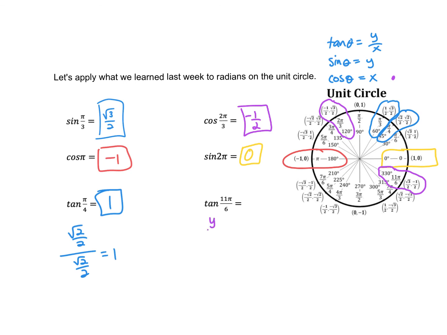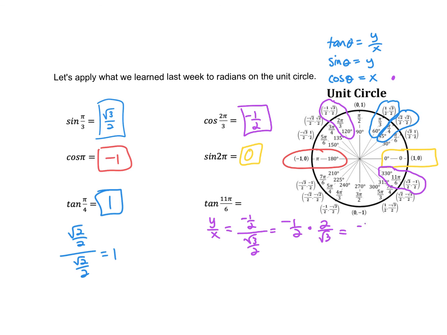Tangent is y over x, which in this case is negative 1/2 divided by root 3 over 2. And when we divide fractions, remember we keep the top one the same, but then we multiply it by the reciprocal. Whoops, I wrote that wrong. 2 over root 3, the reciprocal of the bottom. So we're going to flip the bottom, multiply across.